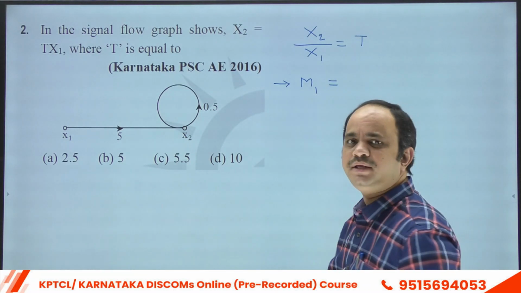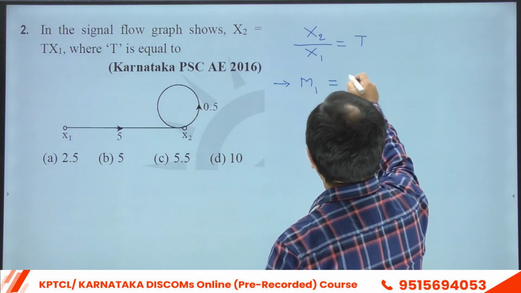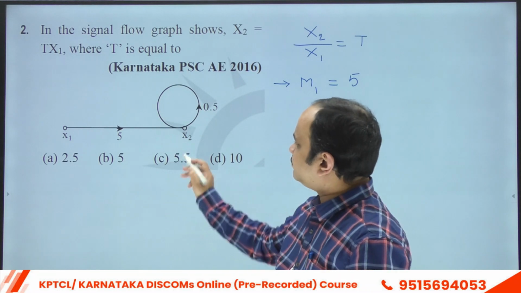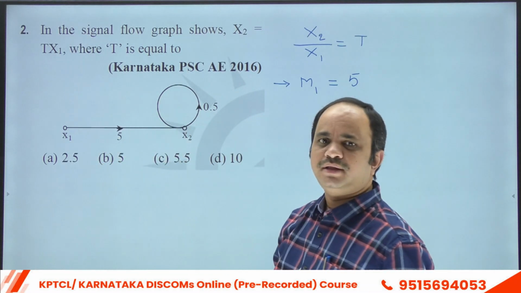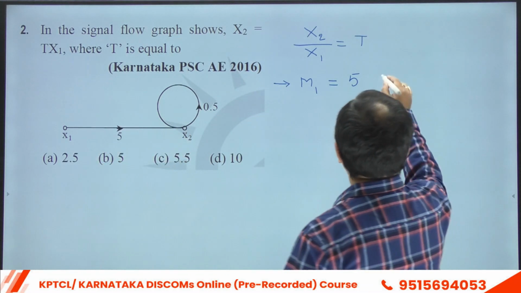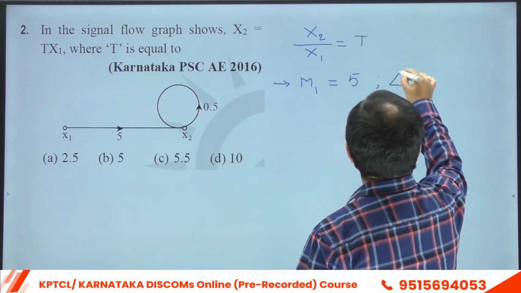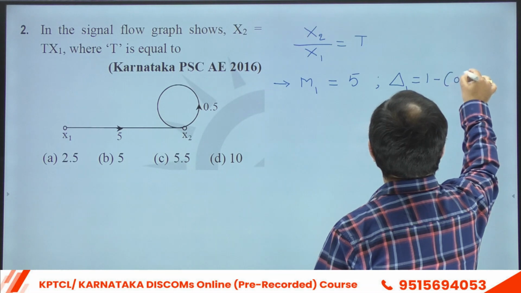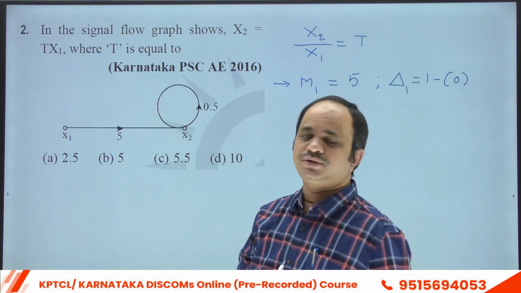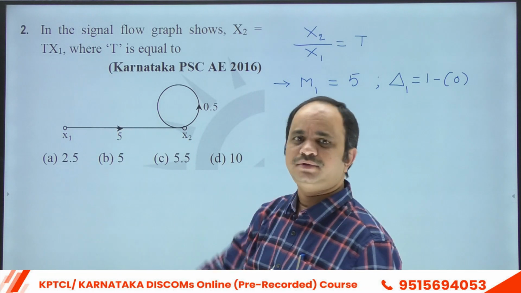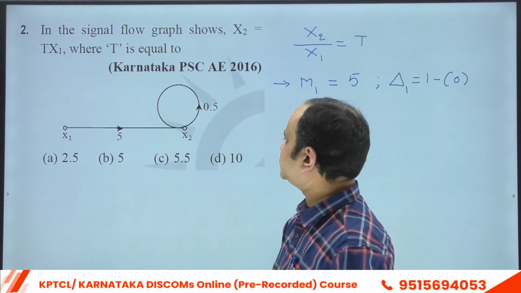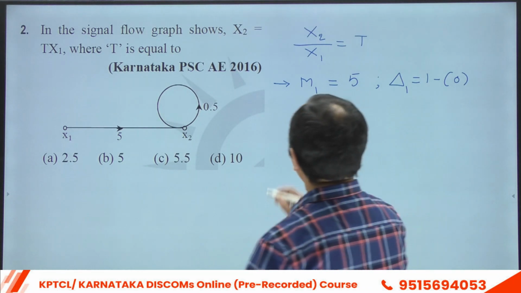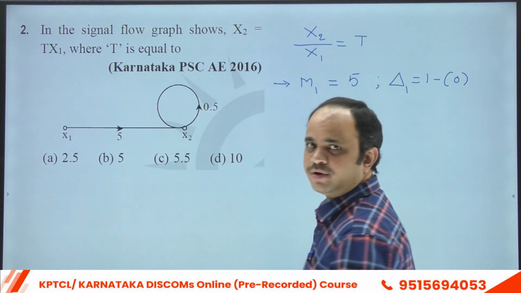First forward path m1, I can take forward path gain, that is 5. So in this graph there is only one forward path, therefore m1. Next, what is delta 1? 1 minus any loop gains which is not the part of first forward path. There are no such loops, therefore delta 1 is equal to simply 1. So there are no other forward paths.